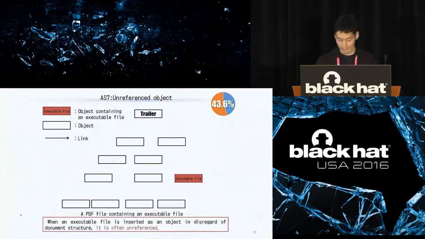Here, I explain in the example of what I call PDF deviation. PDF file consists of various kinds of objects that forms document structure, and we can grasp the overview by tracing the link of trailer object first.